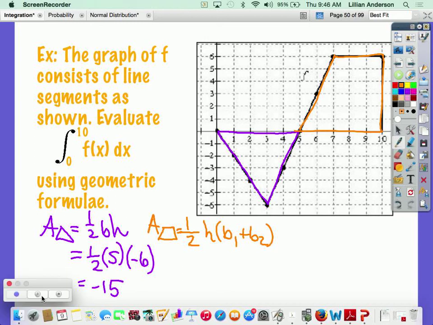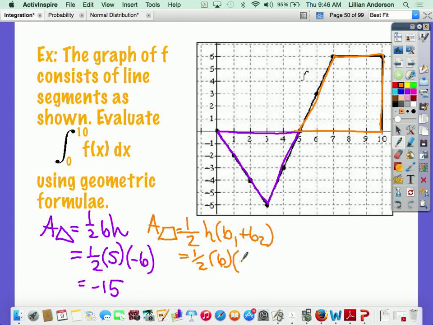All right. So over here, the trapezoid. What's the height? 6. What's one of the bases? 5. And the other base is 3, because this is 3 units here and 5 units down there.